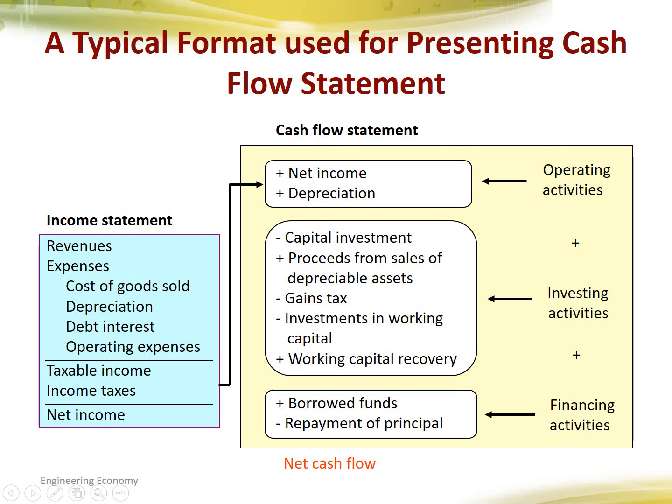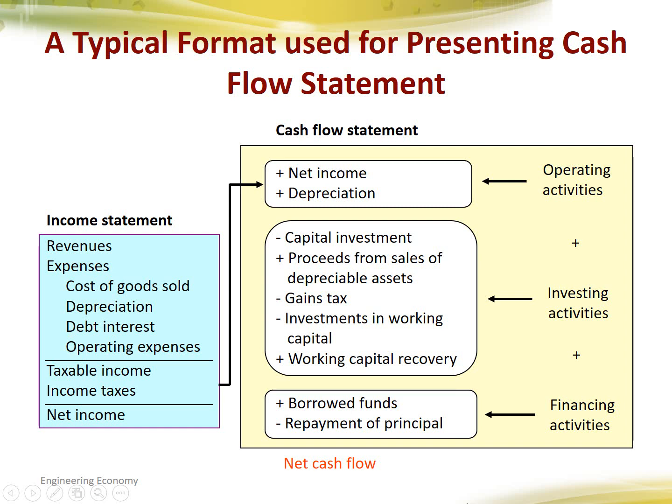Okay, on the previous page we see operating activities, investing and financial, and the operating part can be obtained from the income statement. Again, you get net income out of the income statement, add the depreciation back, and you get the total financial situation for operating activity.